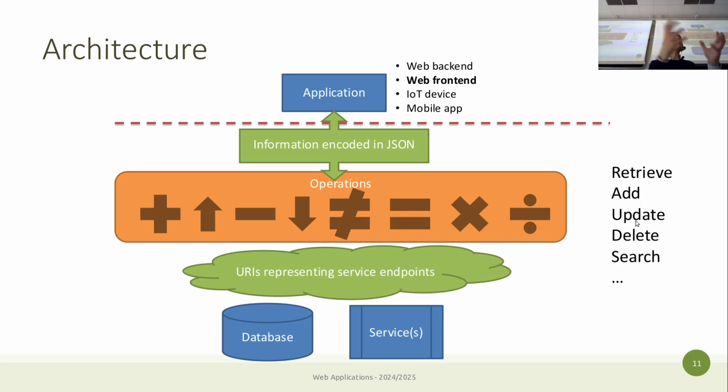So they depend on the application. Some manipulation of the data. And the point is that we need to map these operations that are defined by how we want the application to work on HTTP methods and URLs. So that's the point of defining our APIs, what is called here service endpoints, using another terminology.